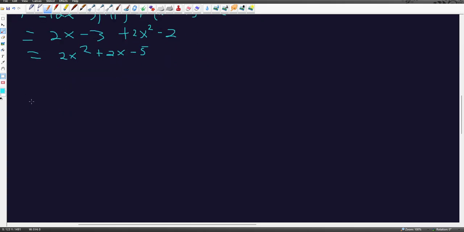And here, I'm going to give another example. 2 square root of s plus 1 times 3s. The function is f of s. And we're trying to look for the derivative of f of s.